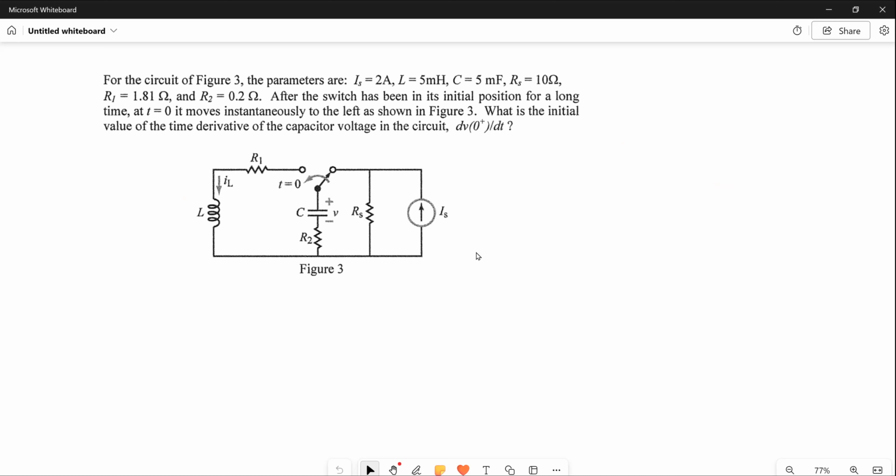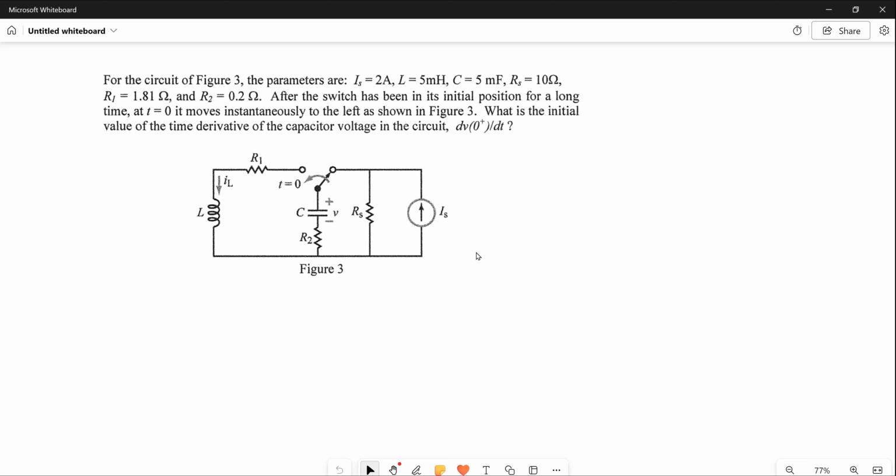You can see where they're positioned. After the switch has been in its initial position for a long time, at t equals 0 it moves instantaneously to the left as shown in figure 3. What's the initial value of the time derivative of the capacitor voltage in the circuit? Well, we'll find both here. Just takes a minute to find both.